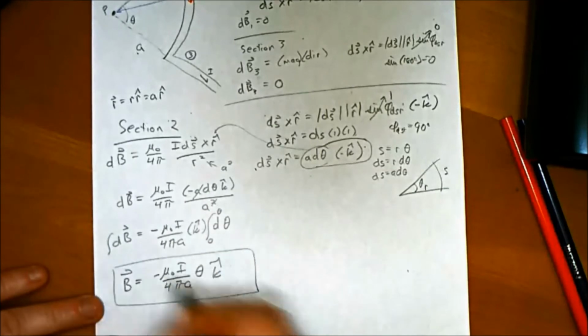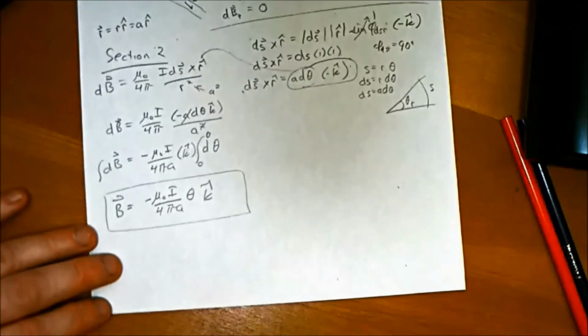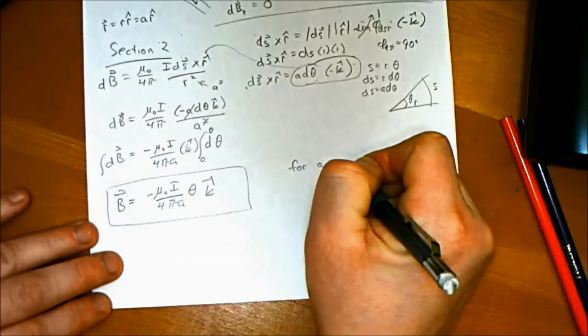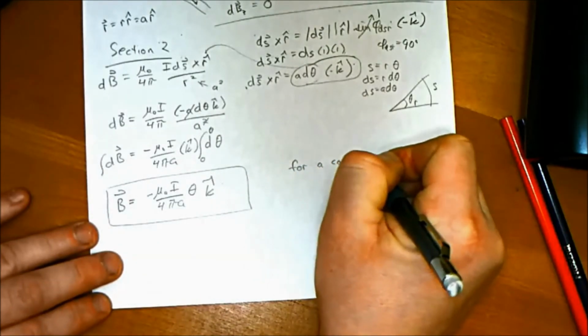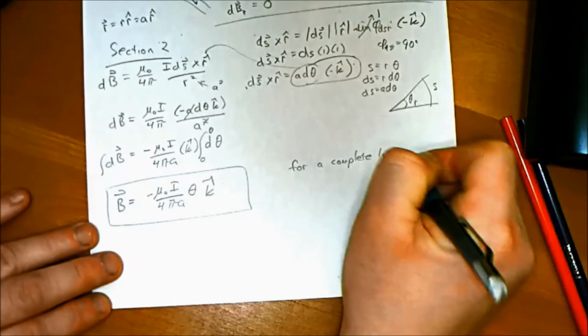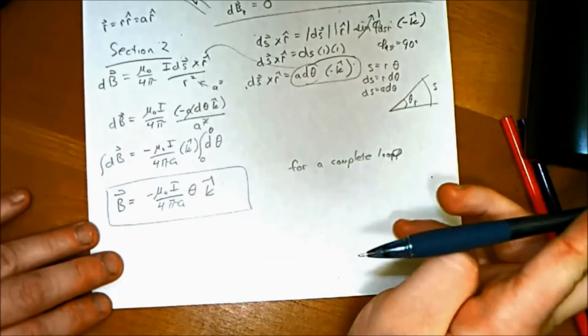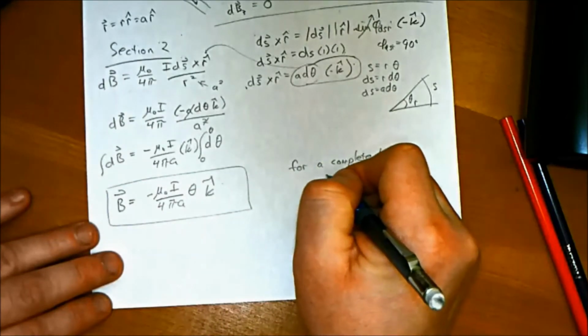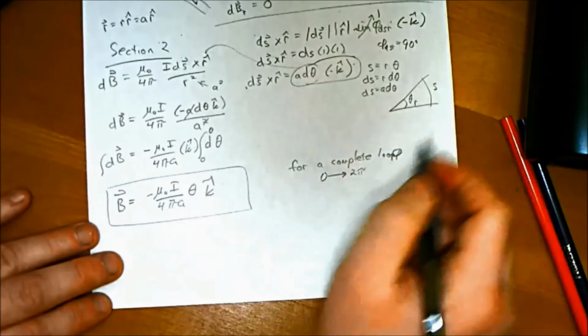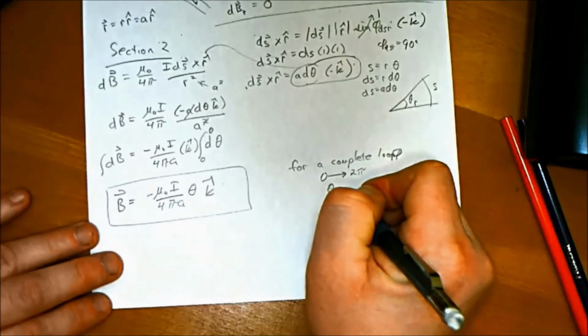Should have a vector bar on it. So for a complete loop, you want to integrate from 0 to 2 pi. So theta final equals 2 pi.